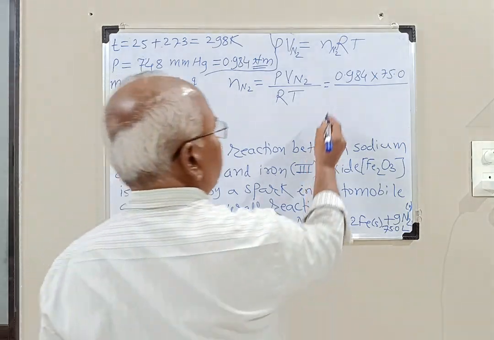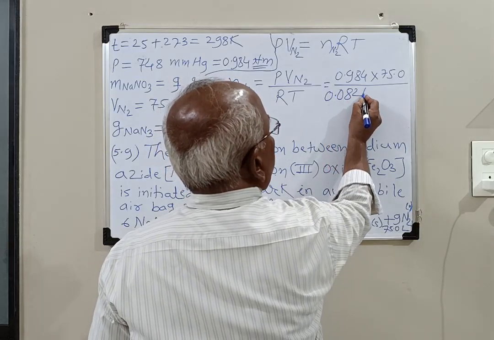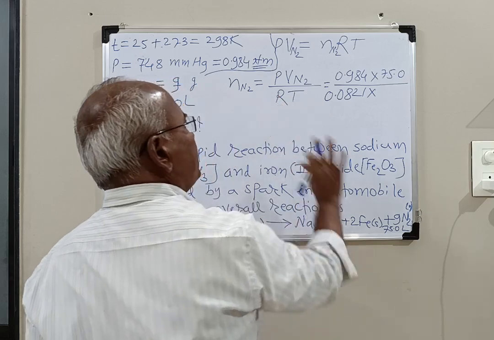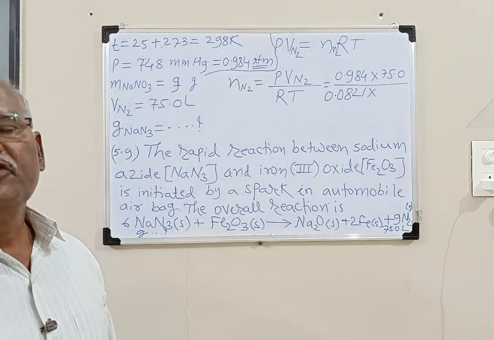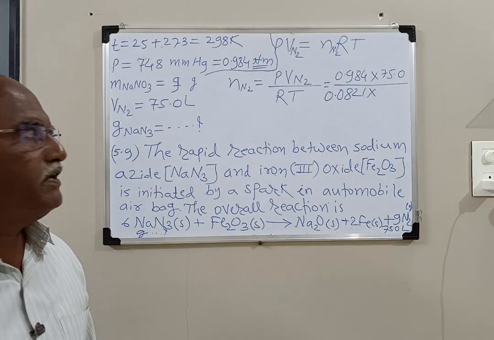So substitute its value 0.0821. Sometimes the value of R is provided in the question paper, sometimes it is not provided.